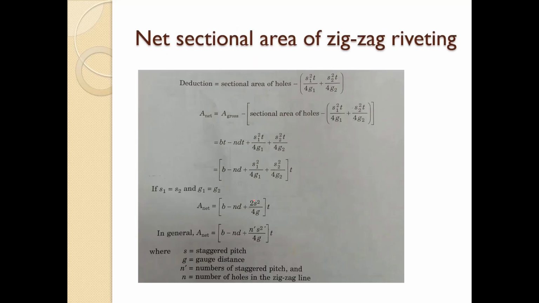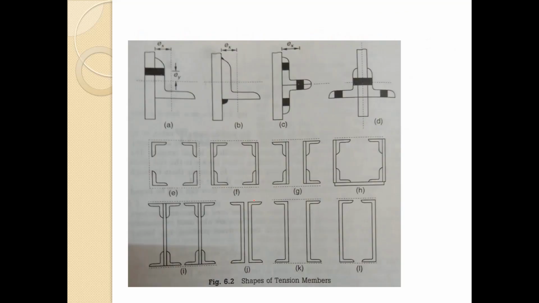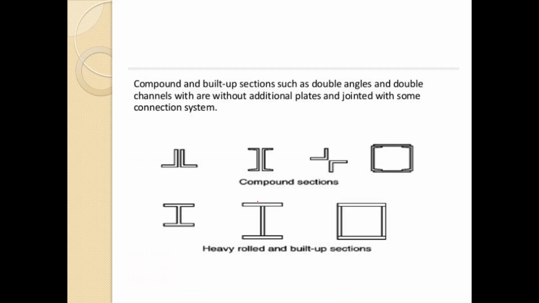And in case of this I section, as we have seen over here, if the connection is made with this particular one web, we have to deduct the area, that is the total area less half the web area, because this part is not playing any significant role in carrying the load. That's why we have to do it like this.